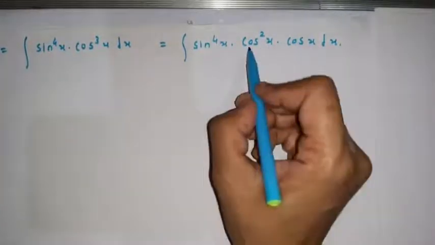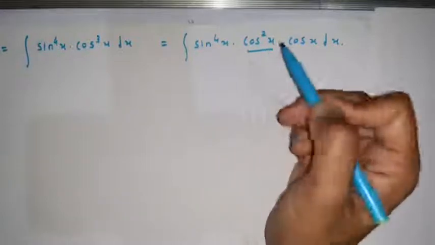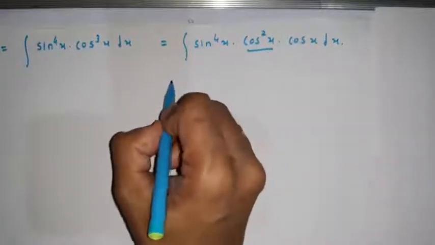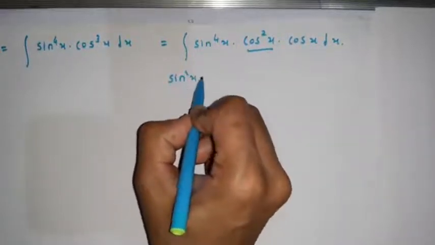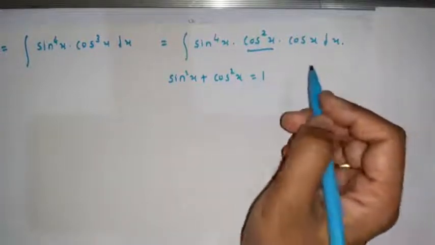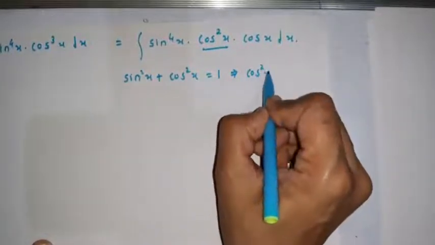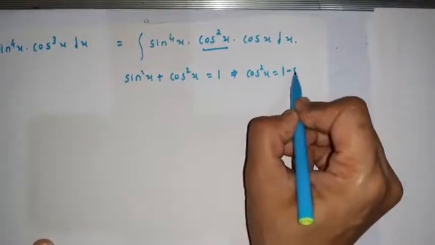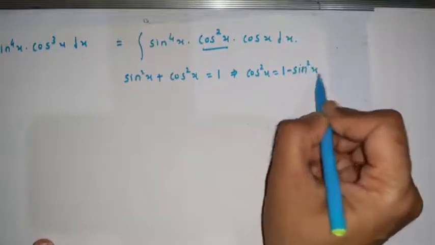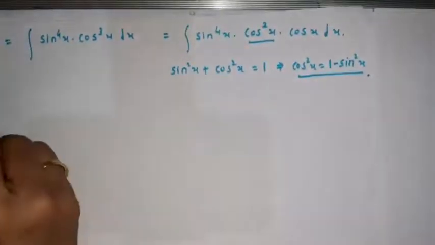Okay students, so here we can express cos square in terms of sine, because we know that sine square x plus cos square x equal to 1, and this implies cos square of x equal to 1 minus sine square x. Okay students, so by using this, first simplify the problem.